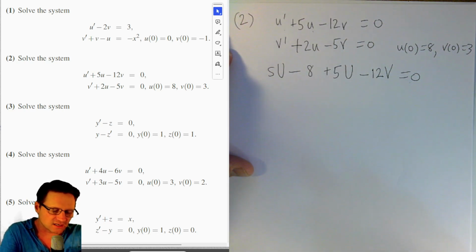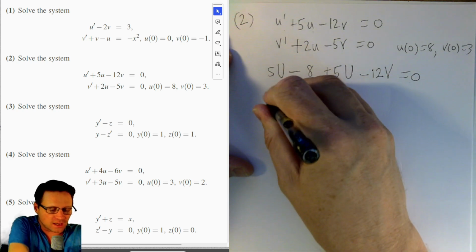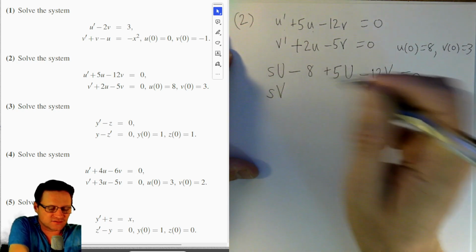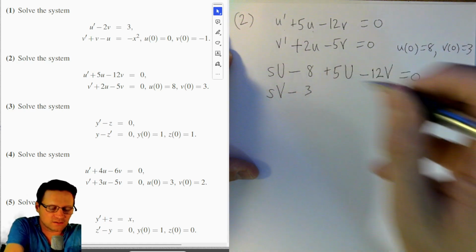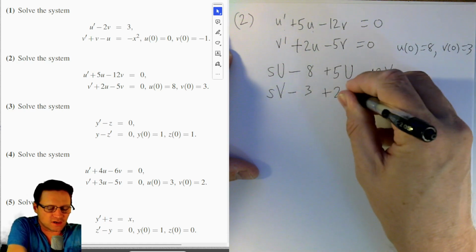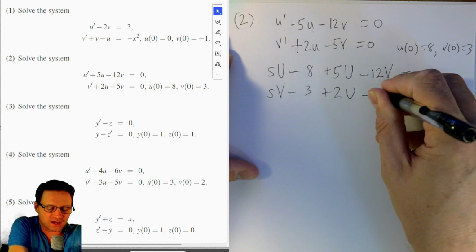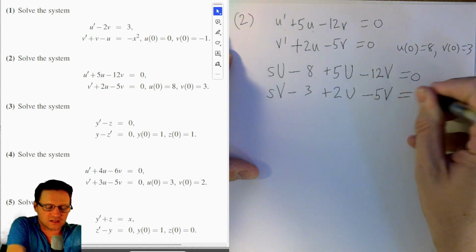Now for the second equation, s uppercase V minus v of 0 is 3 plus 2 uppercase U minus 5 uppercase V equals 0. Now be careful because 5 and s look a lot alike. Okay, so you want to write your 5 so it looks like a 5 and not an s.